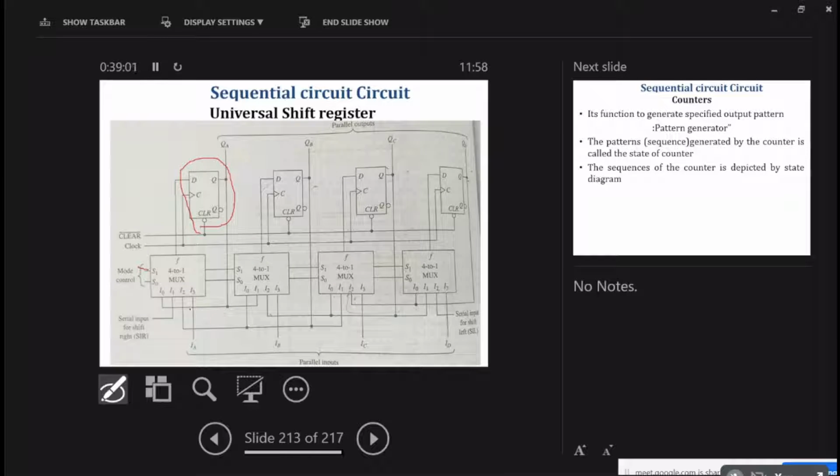Here, because 4 bits are there, 4 different mux will connect. The I3 pins of all the mux are connected with the input parallel bits.